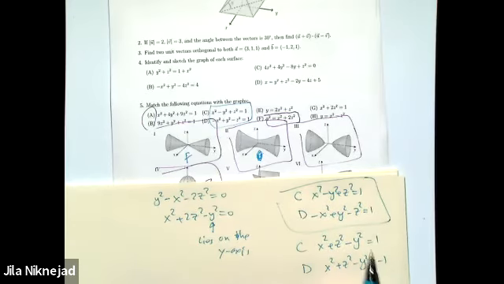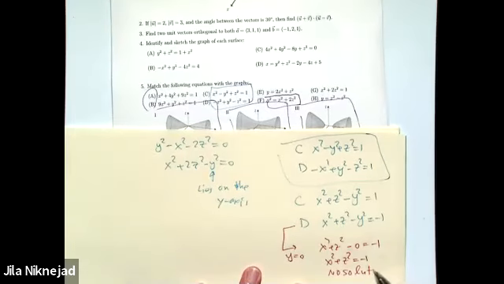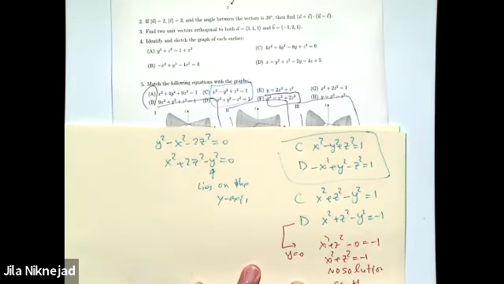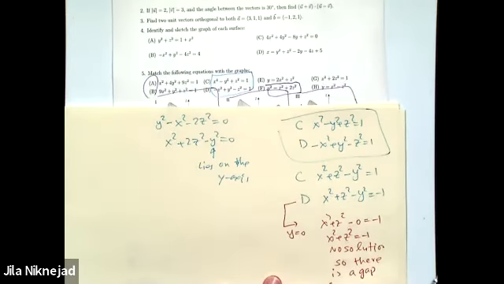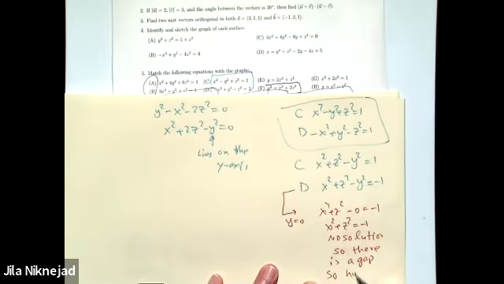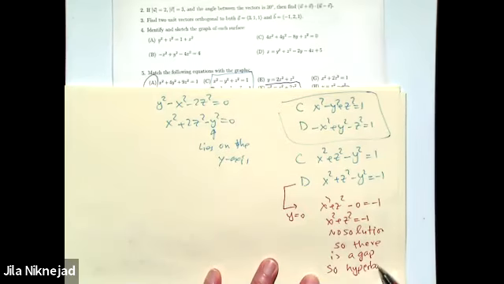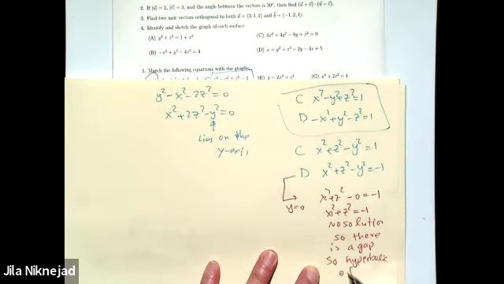So for that one, I plug in y equal to 0 to solve for x and z, and there's no solution. So there is a gap. So hyperboloid of 2 sheets.